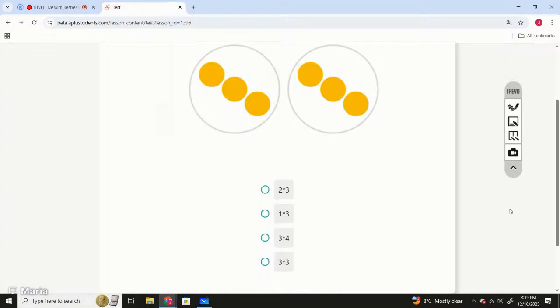Which expression describes the model? So which is the correct option? No one is answering.